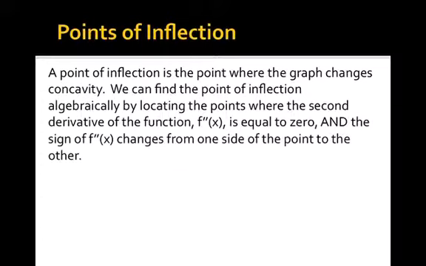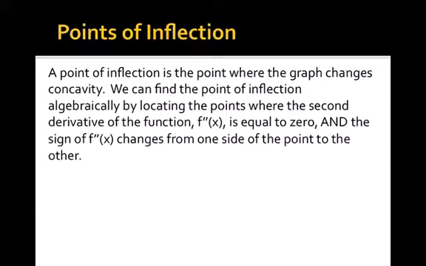The way we find this algebraically is we would find the second derivative of our function, set that equal to 0. The point that we get could be a point of inflection. What we'd have to do to be certain is we would have to check on either side of that point to see if f double prime changes sign.